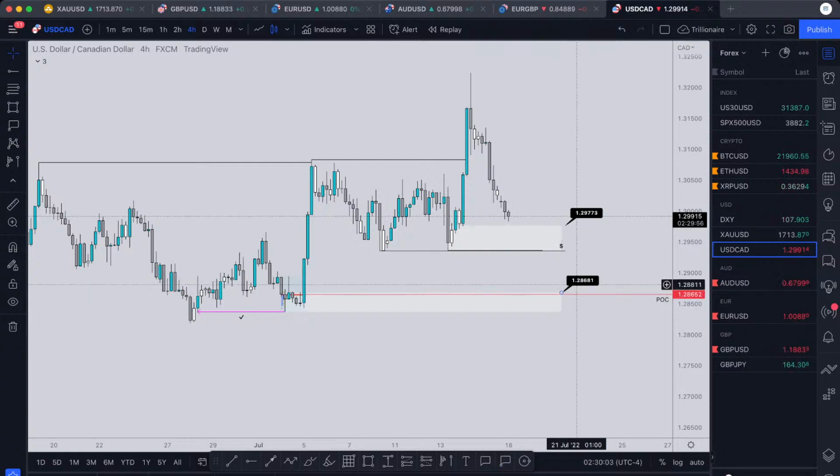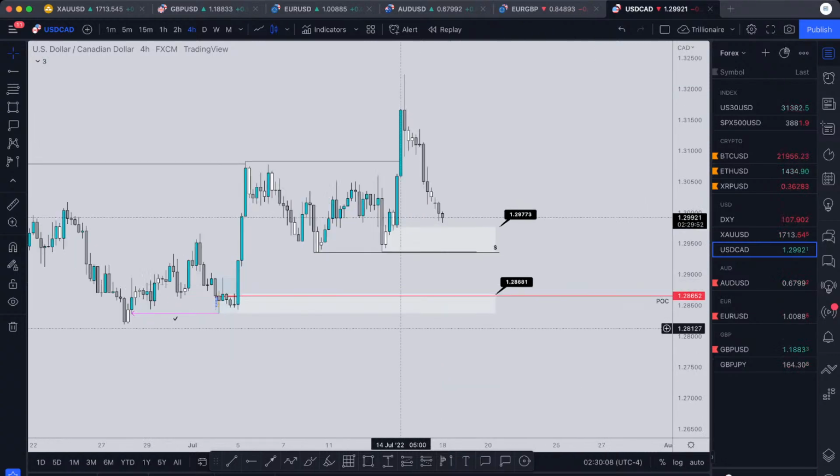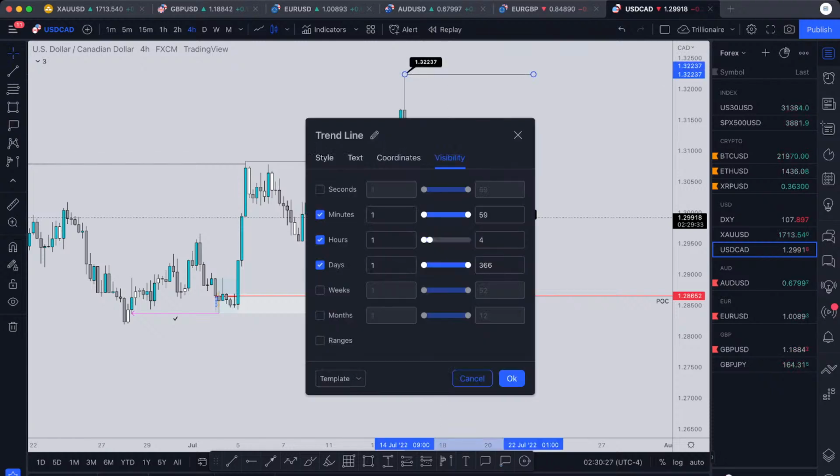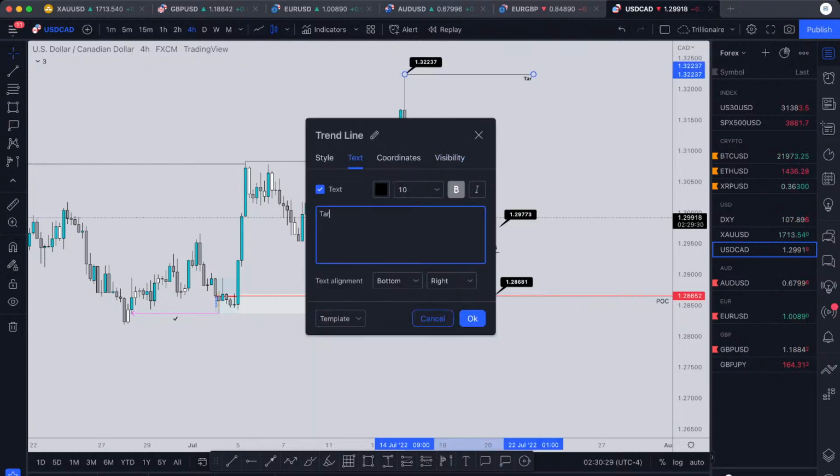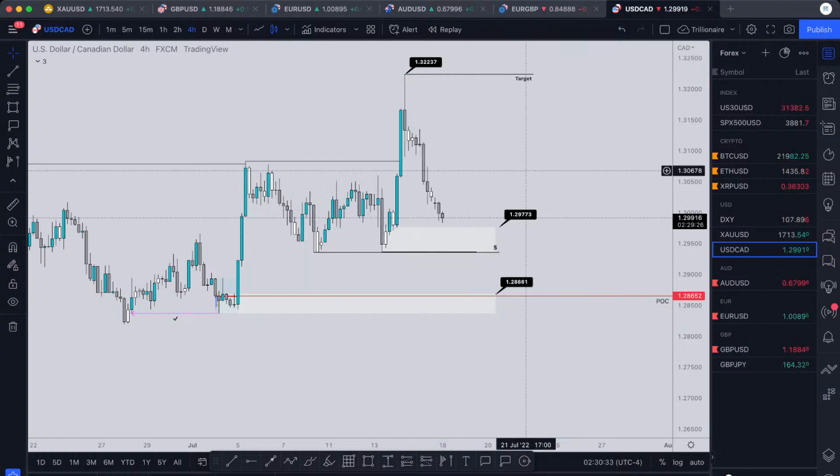So I'll be looking for price to possibly tap into these regions, and then for buyers to take over, and for us to head for this target right up here around 1.32237, right here as my higher time frame target. Solid.